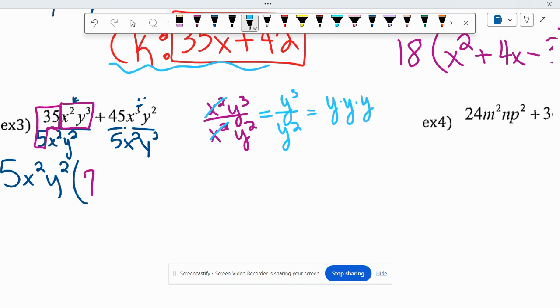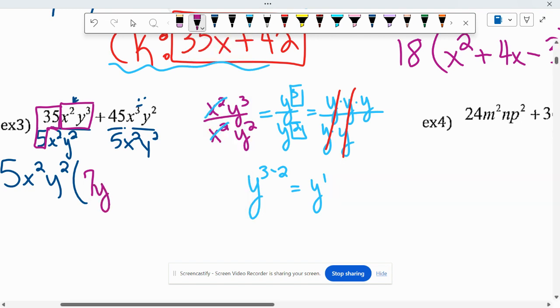And I want to show you why. Y cubed is just y times y times y, and y squared is y times y. And when you cancel out, you're left with y to the first power. But if I use the rule, I can subtract the exponents. Y to the 3 minus 2 power is y to the 1 power, which is exactly what I have there. So this is going to give me a 7y.